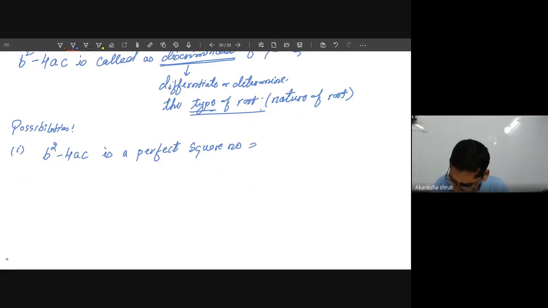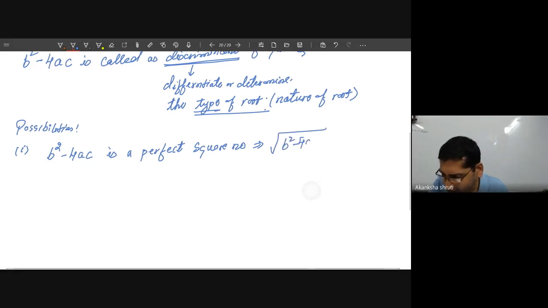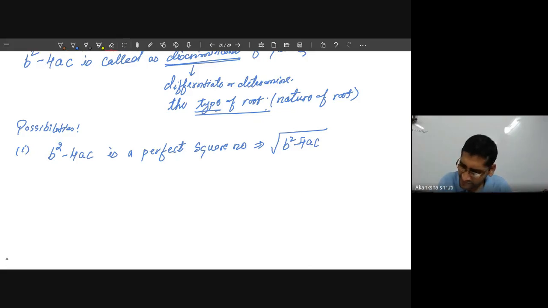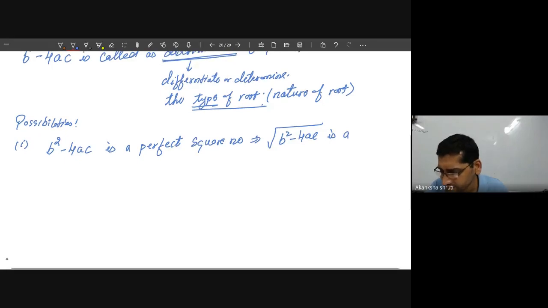What does it mean? It simply means under root of b square minus 4ac is a rational number.